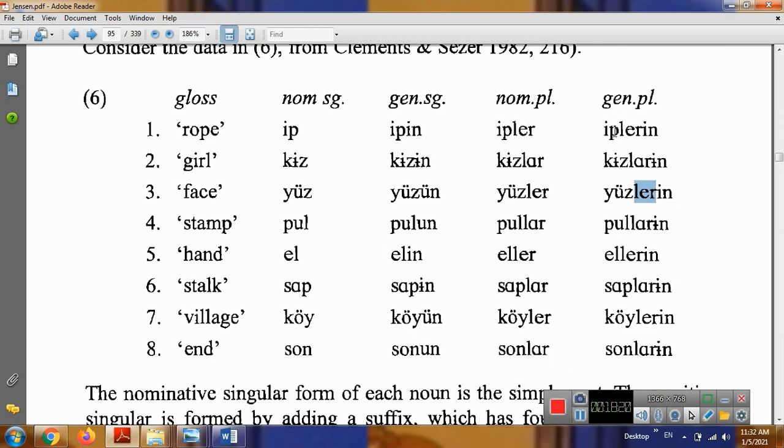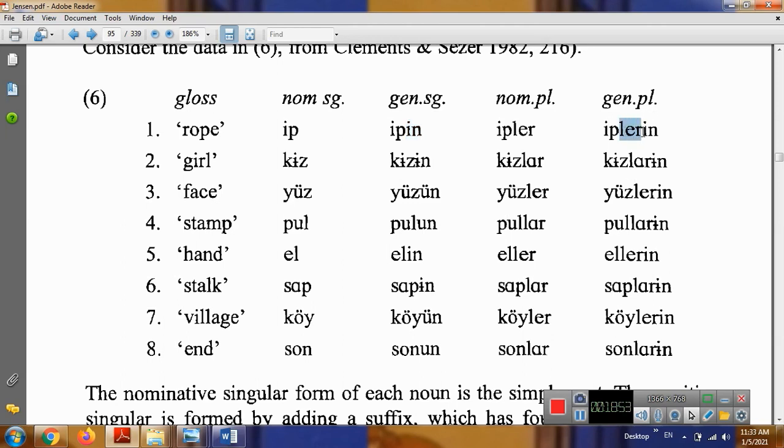Based on the features which I explained here, according to the vowel of the root, we choose this suffix, which is in. When the vowel of the root is plus high, we choose the vowel which is the same as the vowel of the root.